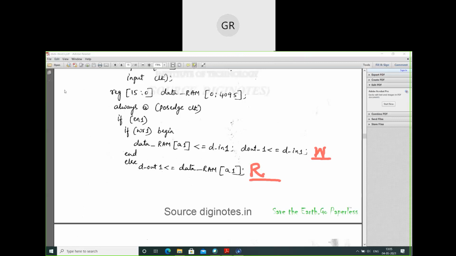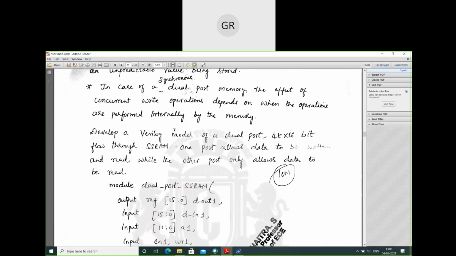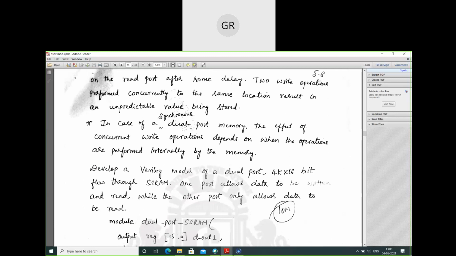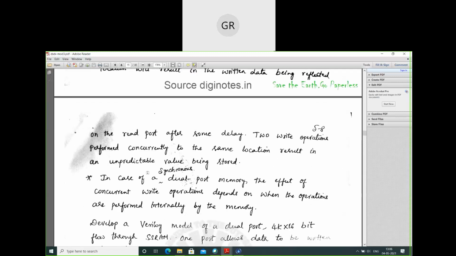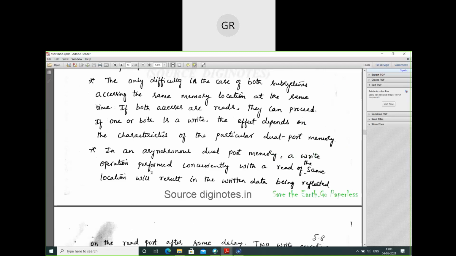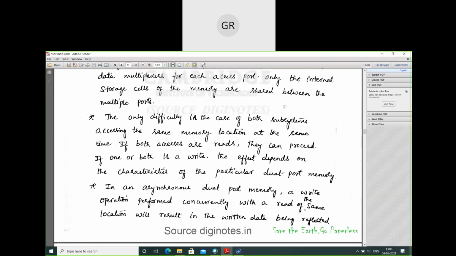We already discussed that in dual port memory, one port can perform both read and write operations completely, and another port can perform only the read operation.